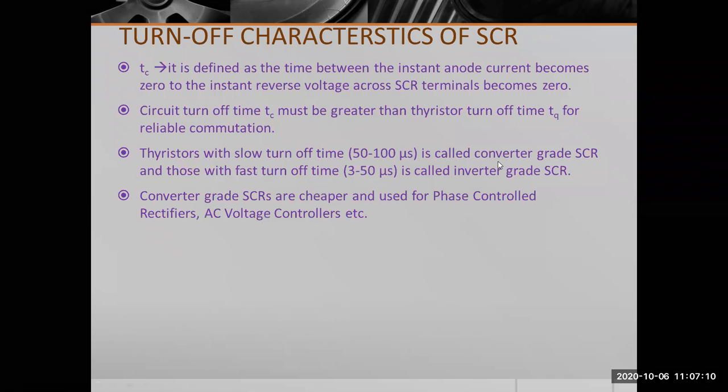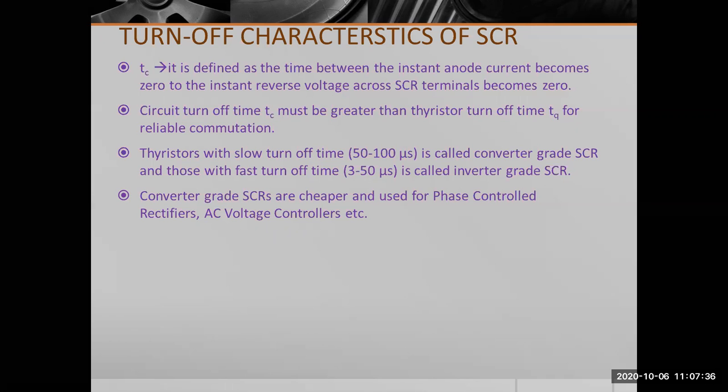And also there is a classification in SCRs. If you see the third point, converter grade SCR has a turn off time of 50 to 100 microseconds, whereas fast turn off time of 3 to 50 microseconds is called inverter grade. We have both types of SCRs, depending upon the turn off time.